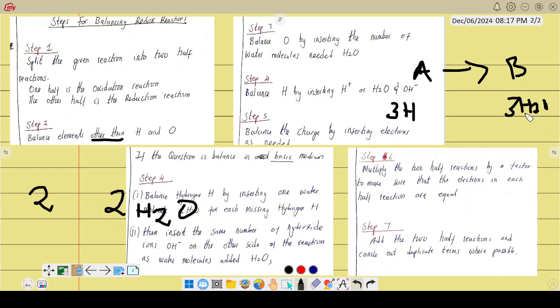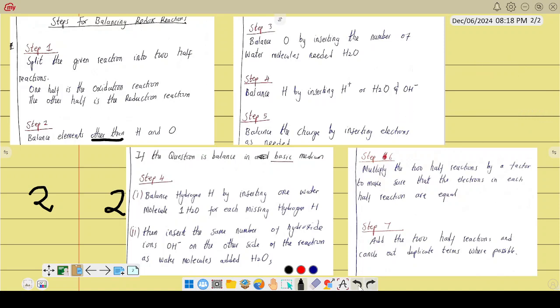Although here you can question, why have we put 3 water molecules? Because hydrogen will now be 6. So this is where now the other part comes in. So the other part is, after balancing with water, we're going to insert hydroxide ions. So if you put 2 water molecules on the other side, it means you also put 2 hydroxides.